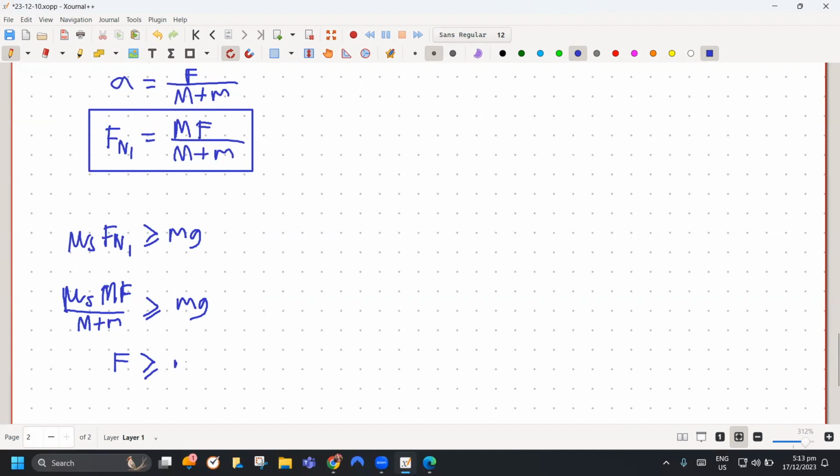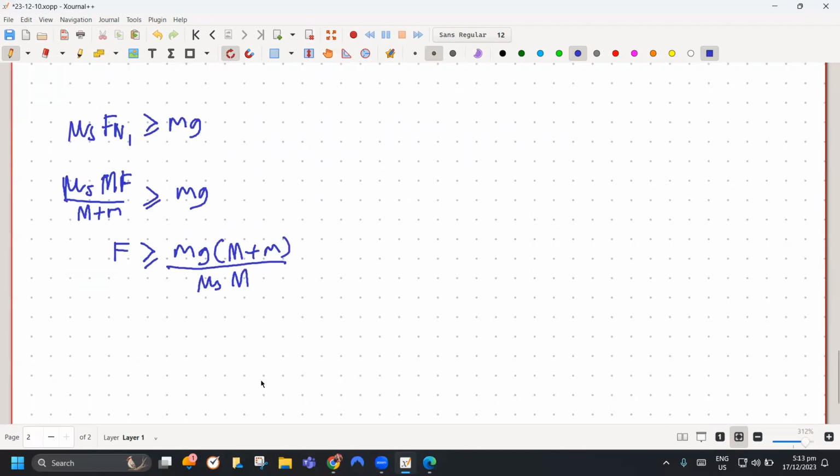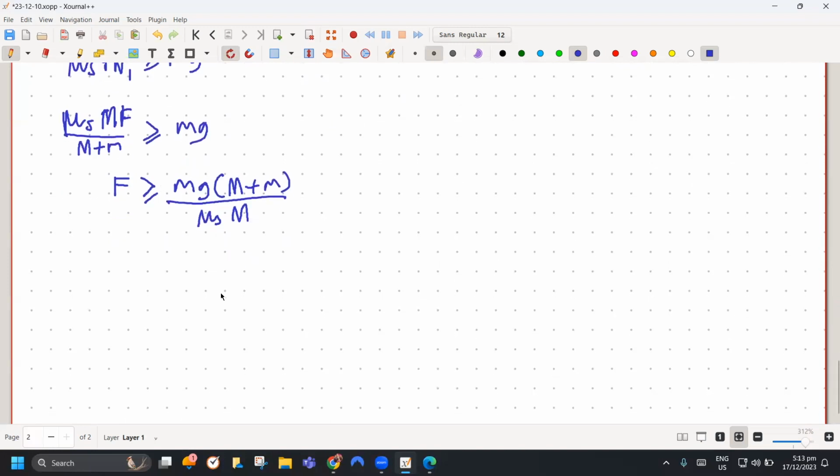So, this need to be simplified. Or kailangan ba? Check na yung dimensions. So dapat tama yung dimensions. It should be a force.